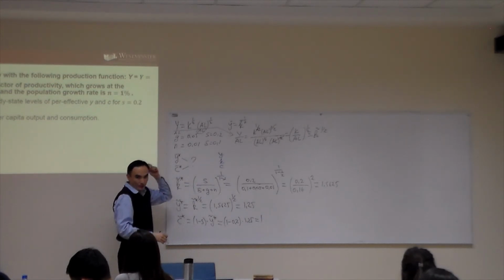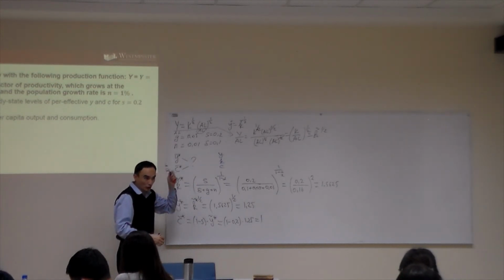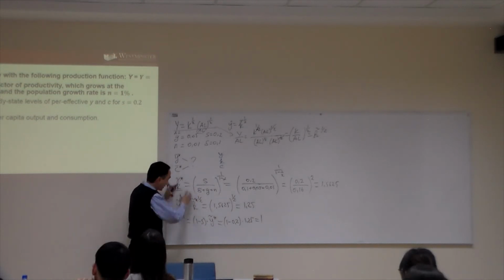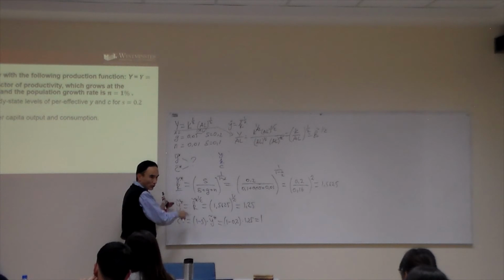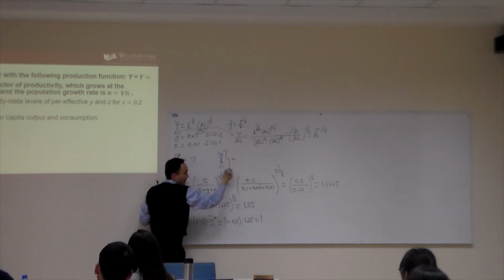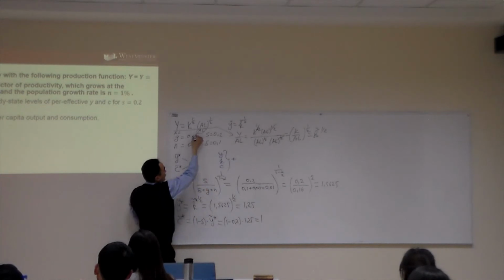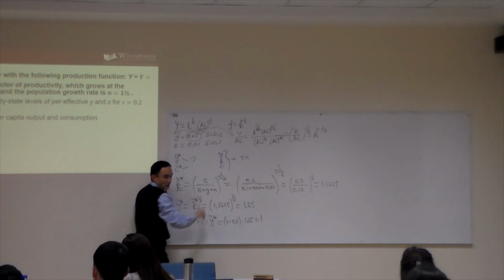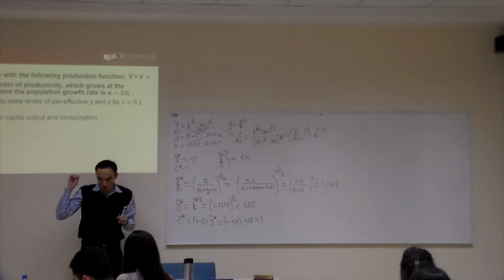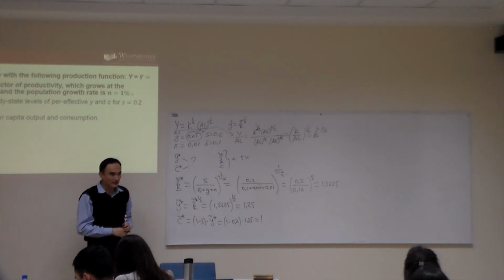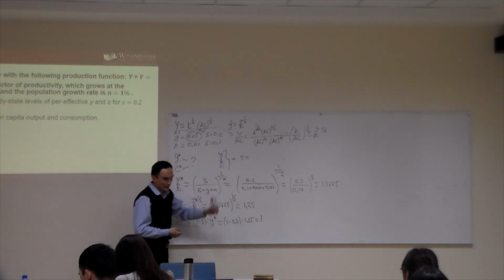From the previous derivations, we made sure that once the economy reaches the steady state level in per effective labor, it will not grow. But per worker is going to grow by the growth in technology, right? It will grow by 5%. This is the answer, because we already proved it in the previous exercise. Right? It will grow by g.